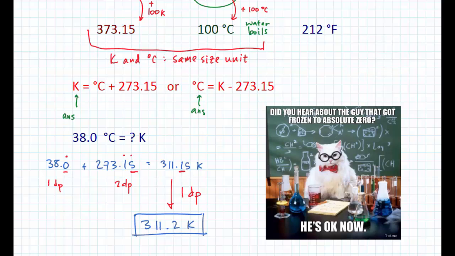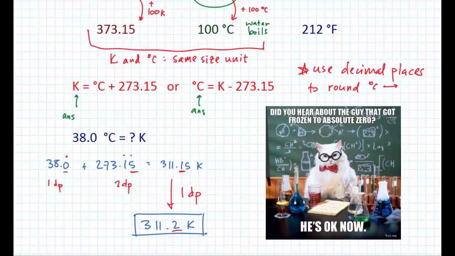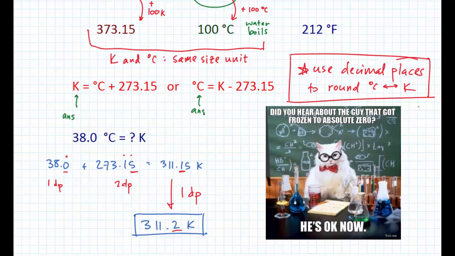So make a little note to yourself that for these Kelvin Celsius, okay, use decimal places to round a degree Celsius Kelvin calculation, okay, in either direction. So don't forget about that.